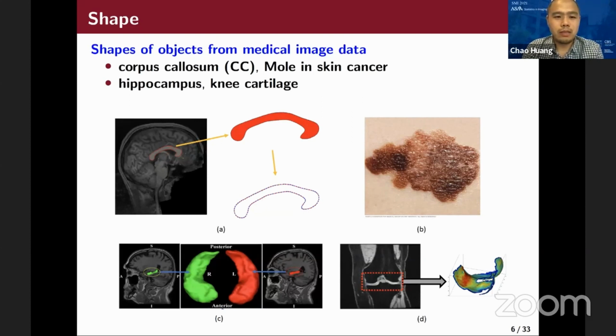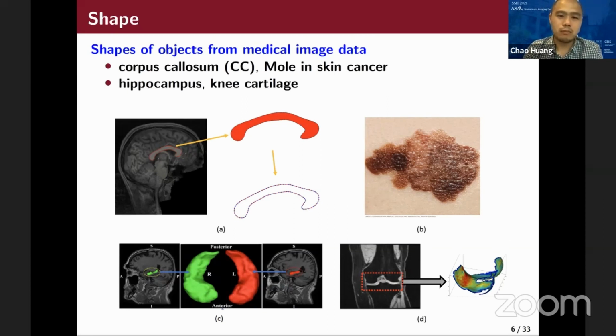For example, for 2D objects like the corpus callosum within our brain, usually we are interested in one view, like the sagittal view. Also for moles in skin cancer, people are interested in the shape and size and different geometric information of these objects in the 2D image.